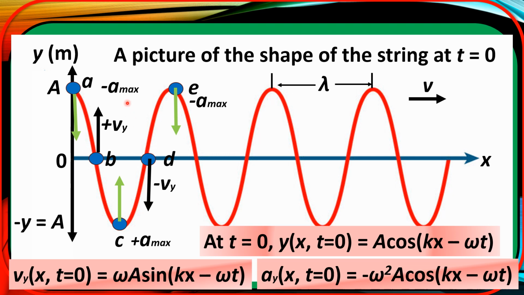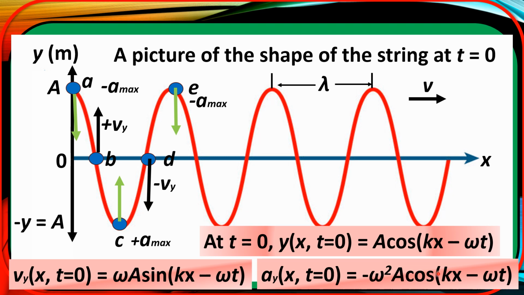That's also true for particle E. Particle E is also at the positive maximum displacement, so its transverse acceleration is also negative and has a maximum magnitude. But in the case of particle C, the acceleration is maximum but positive, and that is emphasized by this green arrow pointing upward towards the equilibrium position. So that is in fact the meaning of the negative sign in our equation here.